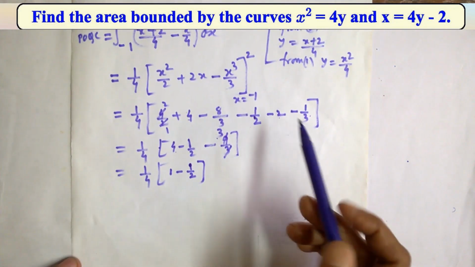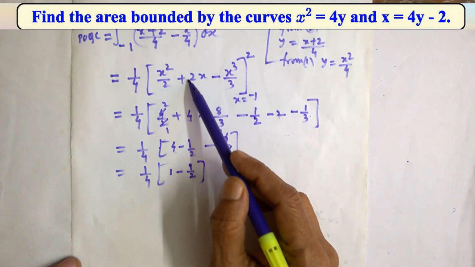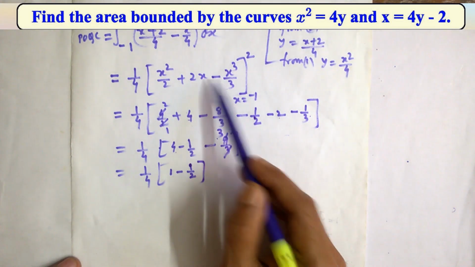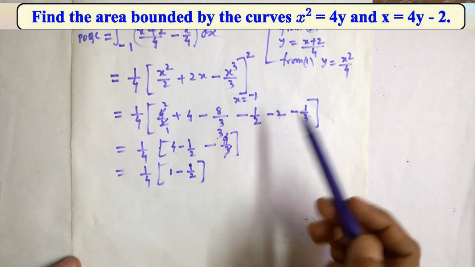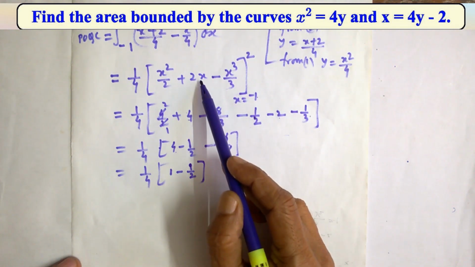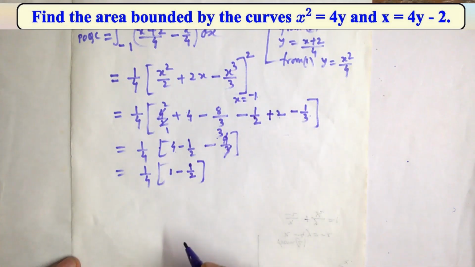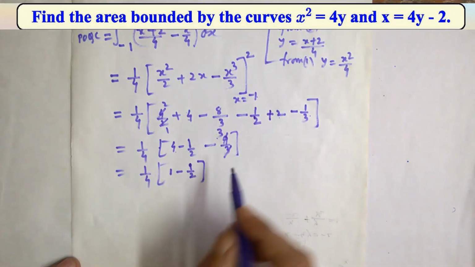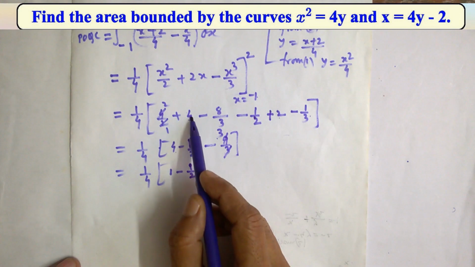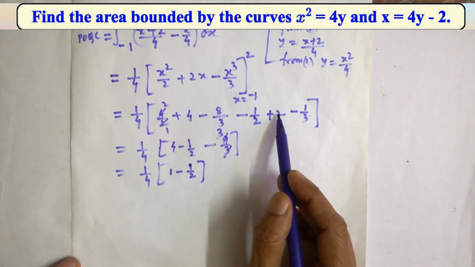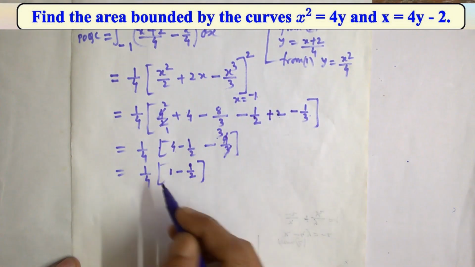See, one mistake is here. Whenever x is replaced by minus 1, it is minus 2 and another minus, so it will be plus. So 4 plus 2 plus 2 is 8.